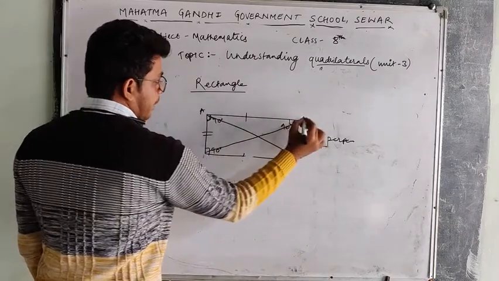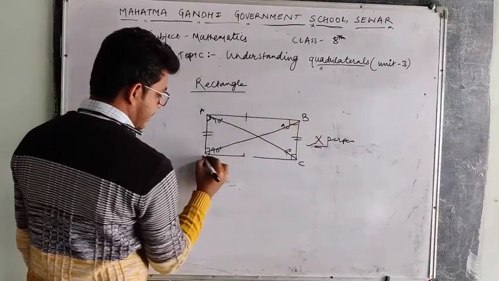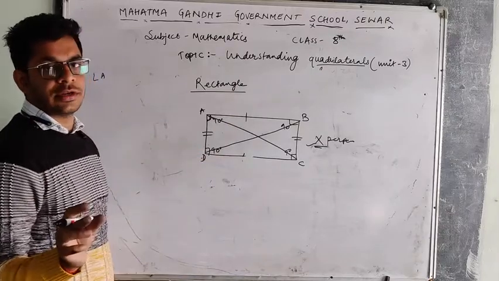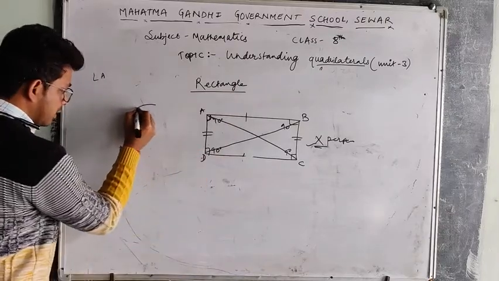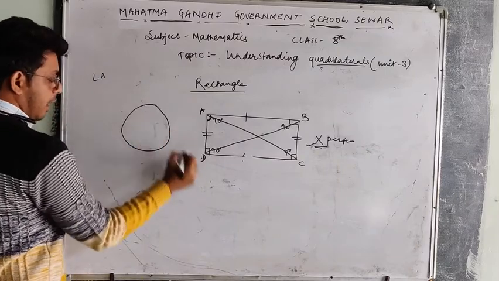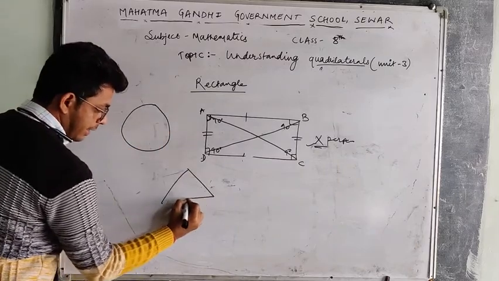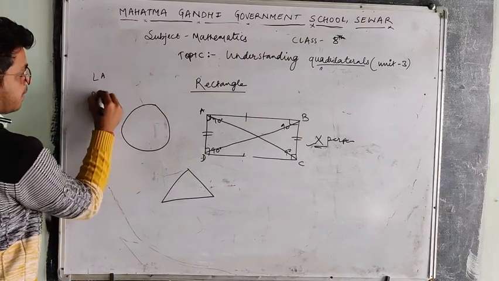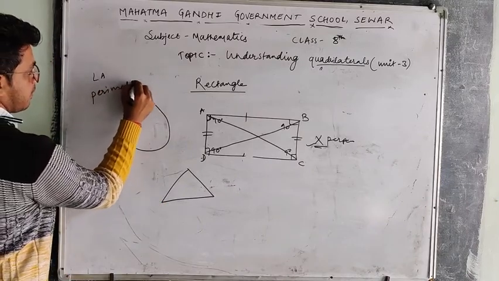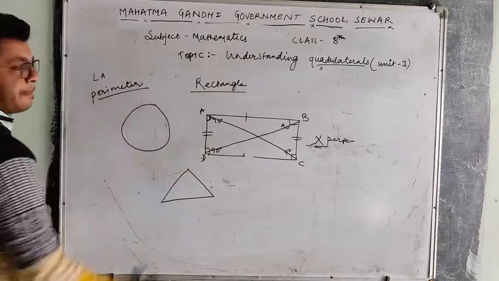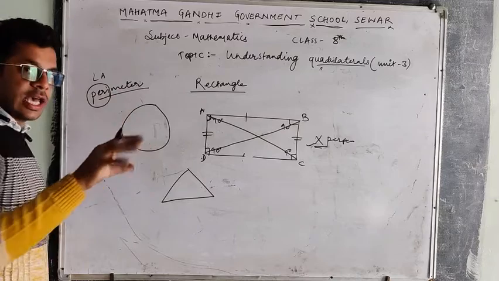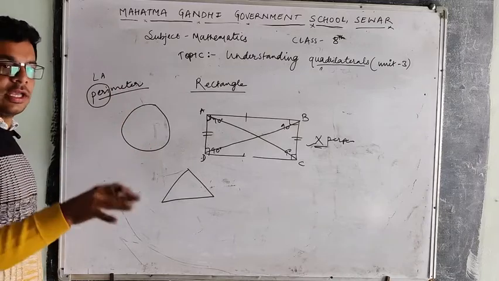If I discuss the perimeter of any structure, if I draw a circle, I draw a triangle and discuss perimeter. As the name suggests, peri means anything which is around any structure or any closed structure.